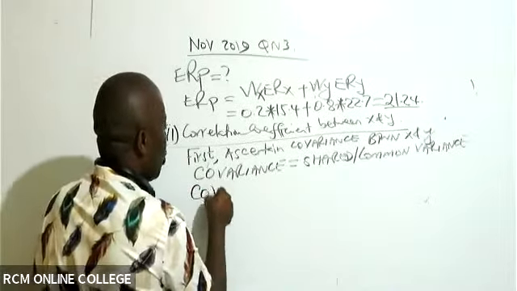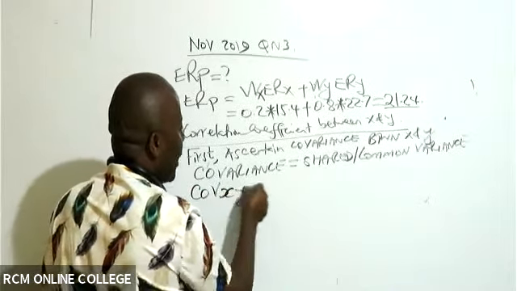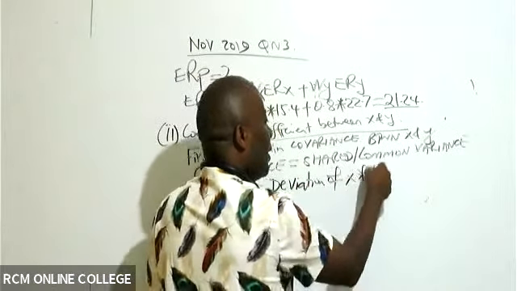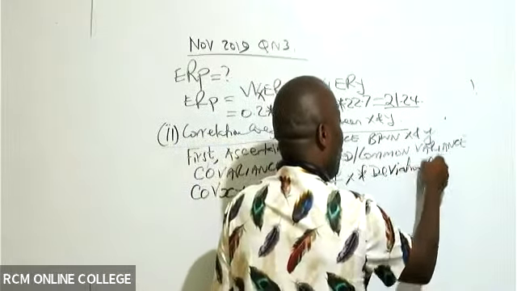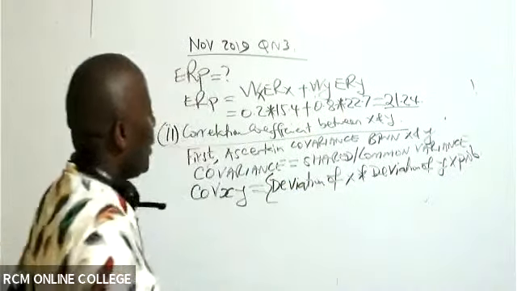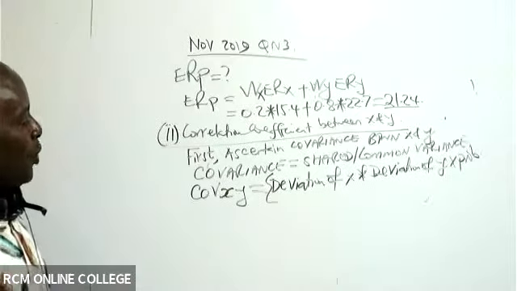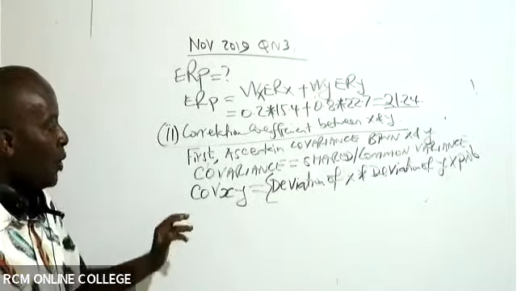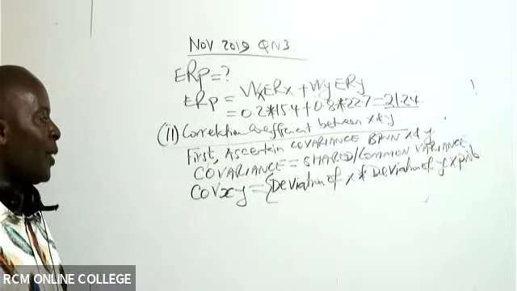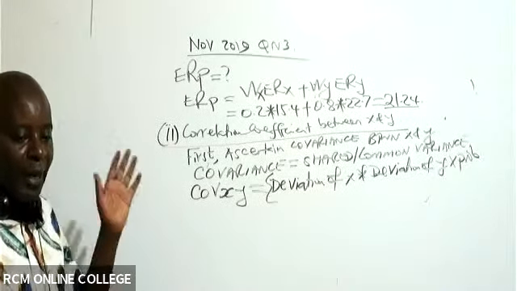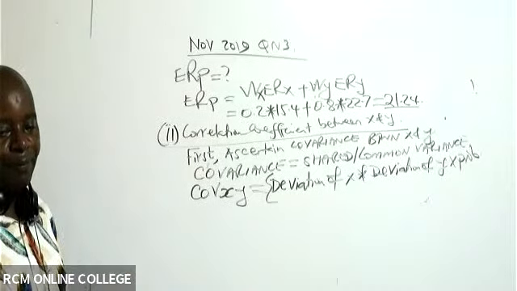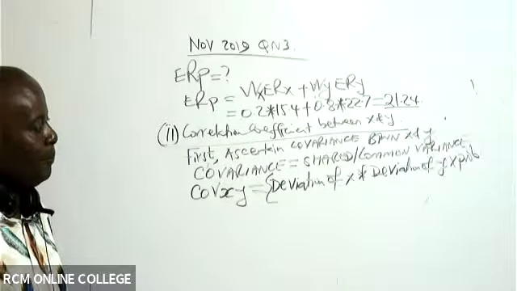We shall be using this short form for covariance. So covariance between x and y, what we shall do is to take the deviation of x times the deviation of y times corresponding probabilities, and then you sum. So anytime they want us to give them the covariance between x and y, you take the deviation of x multiplied by deviation of y multiplied by probability. Deviation means subtraction.